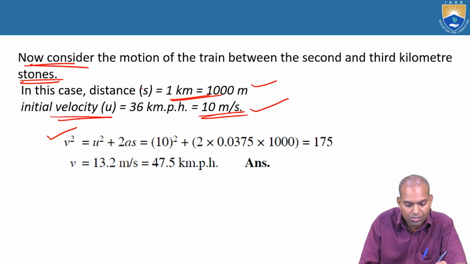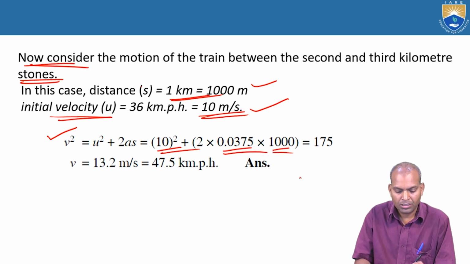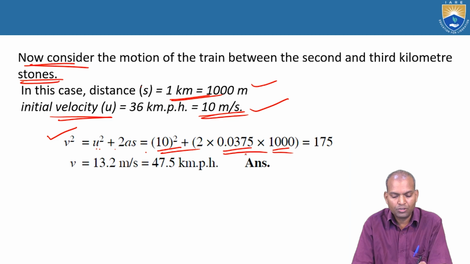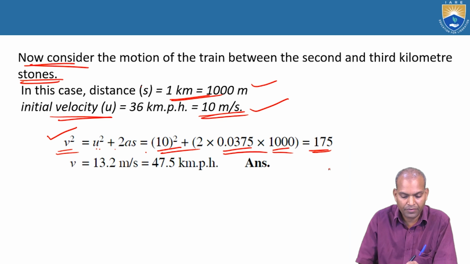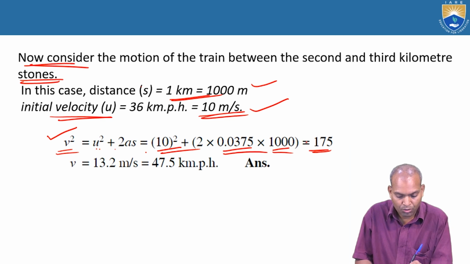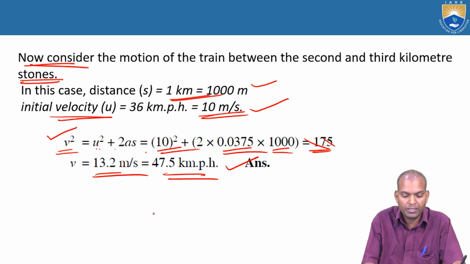By plugging these values into the equation, we know the acceleration is 0.0375, s is 1000, and u is 10. So v square equal to u square plus 2as, that is 175. Taking the square root, v is 13.2 meter per second, that is 47.5 kilometer per hour.